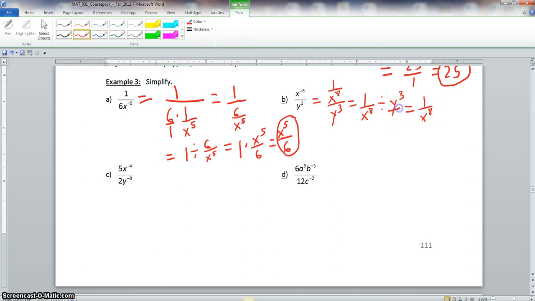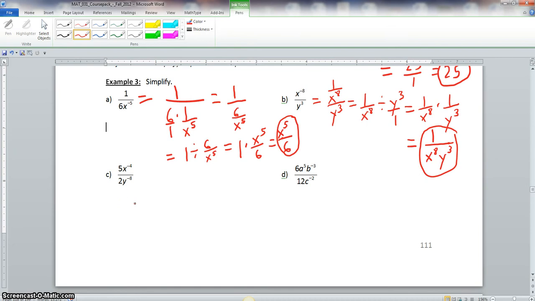Now we want to put this y to the 3rd over 1, and we'll multiply by its reciprocal, which is 1 over y to the 3rd power. So our final answer here would be 1 over x to the 8th times y to the 3rd power. And that is our final answer for B.